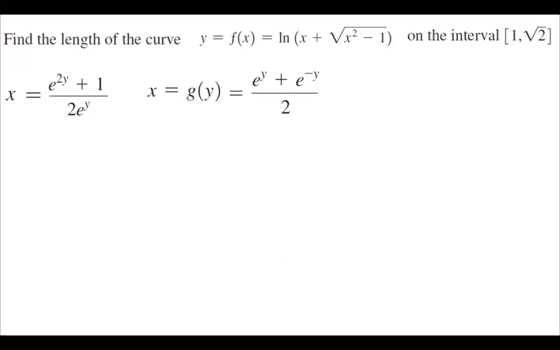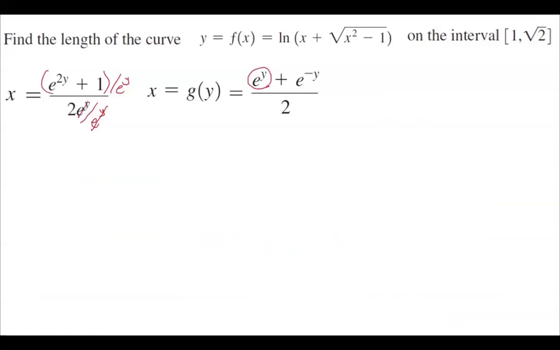The algebra behind this part is very easy. You're basically dividing both the numerator and the denominator by e to power y. So e to power y and e to power y get cancelled out. And then on the numerator, e to power 2y divided by e to power y becomes e to power y.